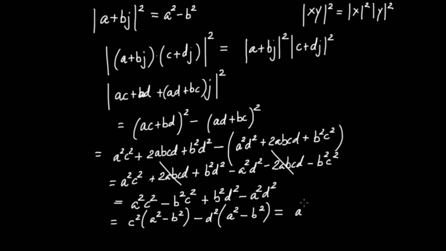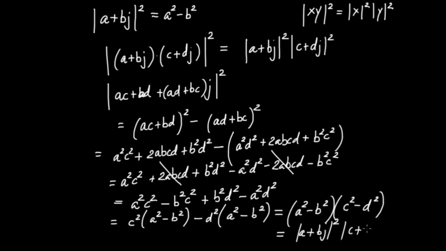So I'm going to factor that right out. So I have a squared minus b squared times what's left, which is c squared minus d squared. So you see here that this first factor is equal to the squared magnitude of a plus bj, and the second term is equal to the squared magnitude of c plus dj. And that ends the proof right there.